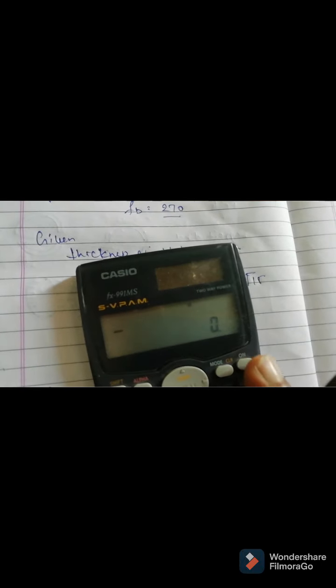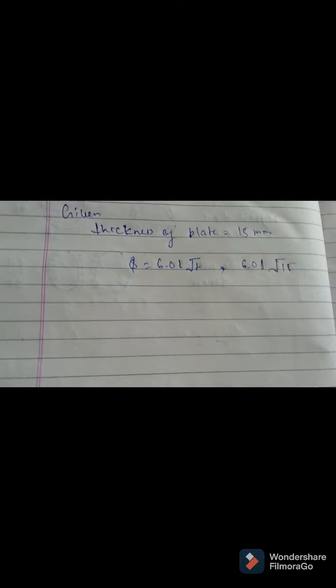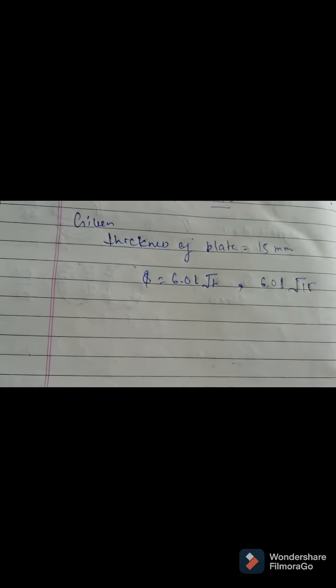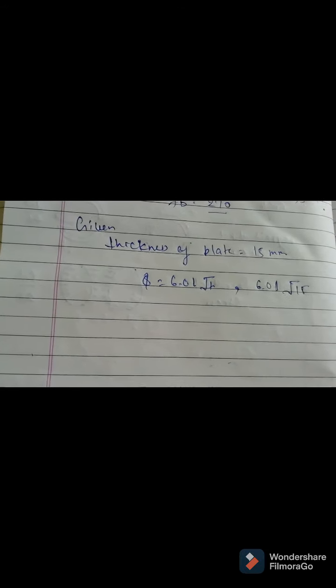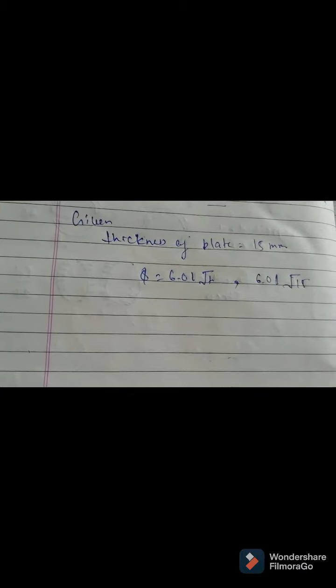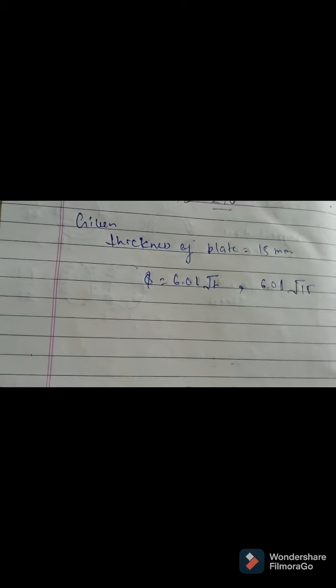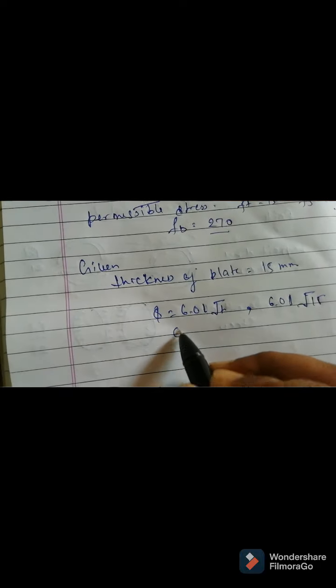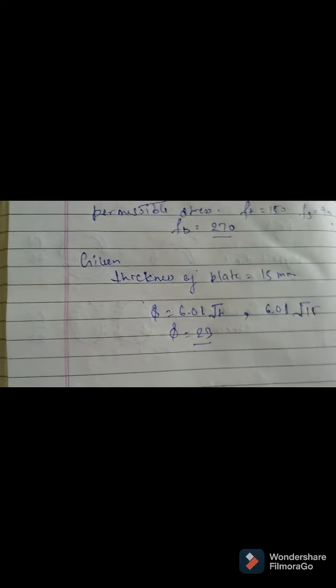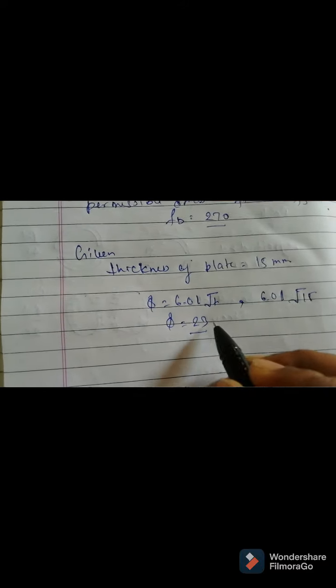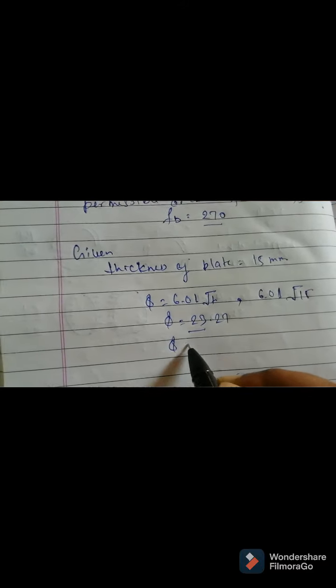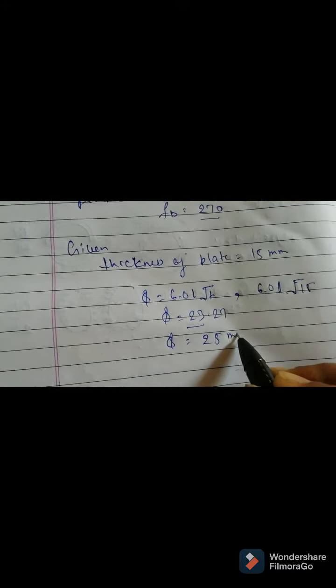6.01 under root 15 gives the value 23. So phi equal to 23.27. So let's take phi equal to 25 mm.